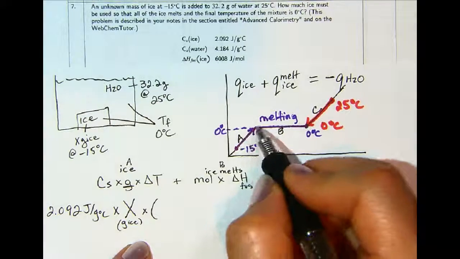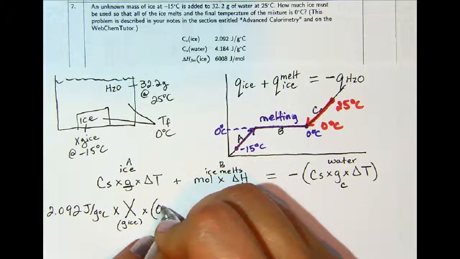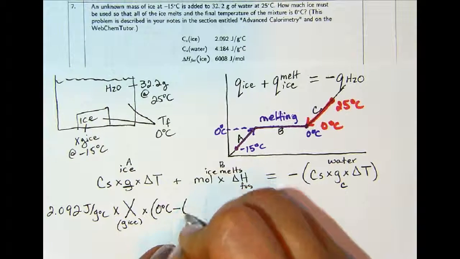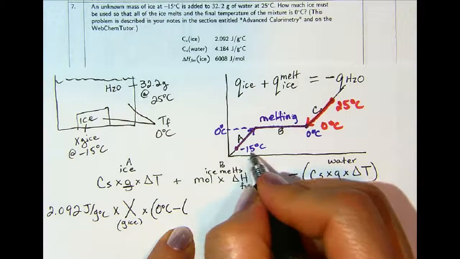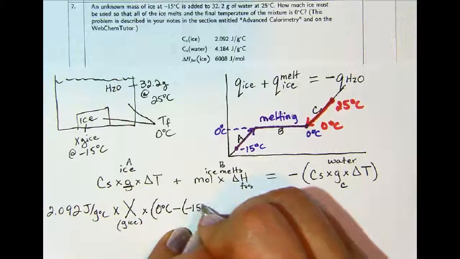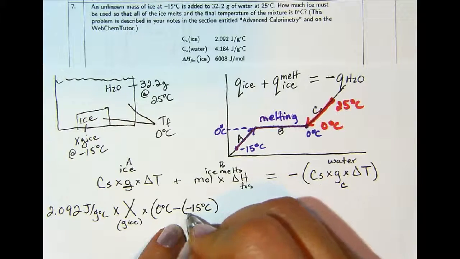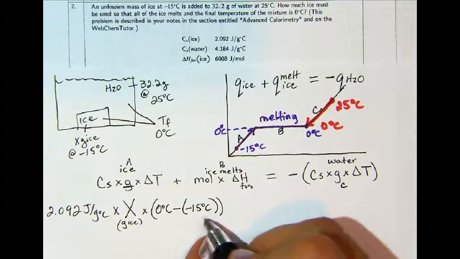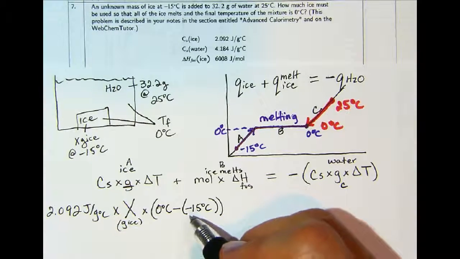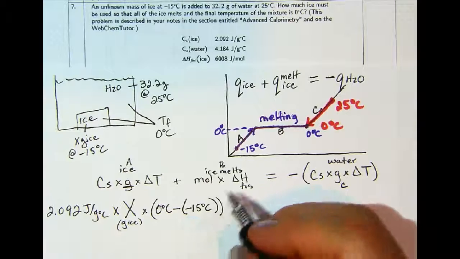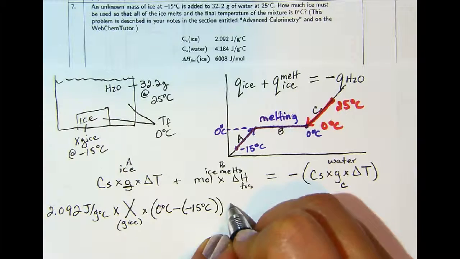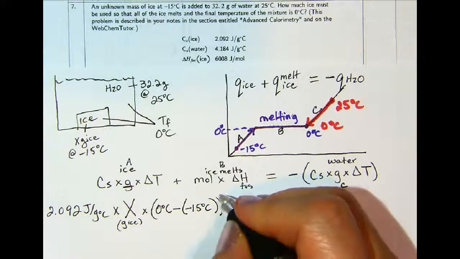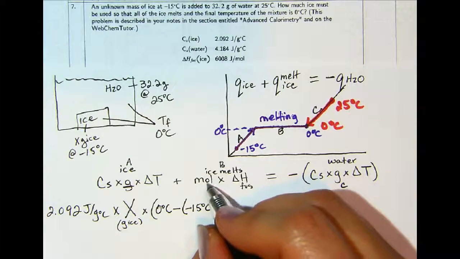Now, from here to here, the final temperature is 0 degrees Celsius, minus the initial temperature is negative 15. So be careful to minus your negative. It's going to end up being added together. But missing that sign will change the entire answer, of course. We're going to add this.